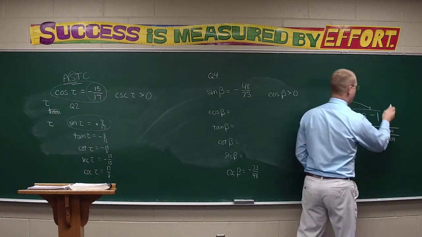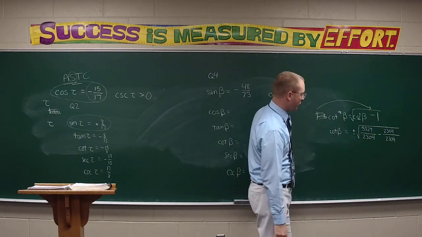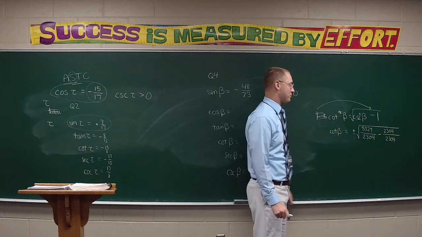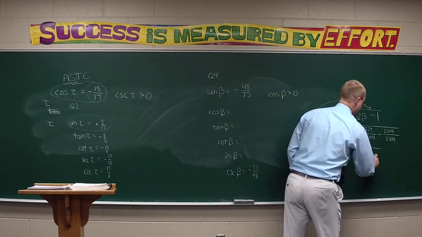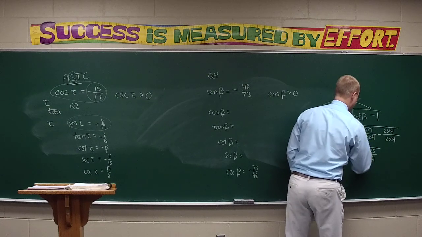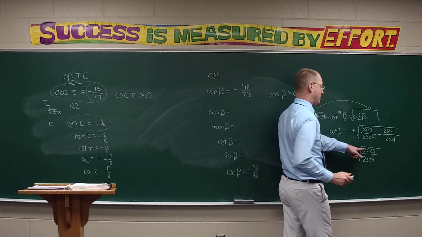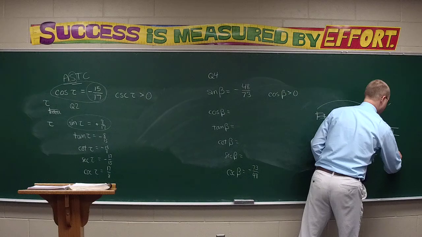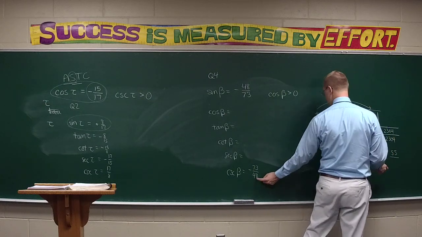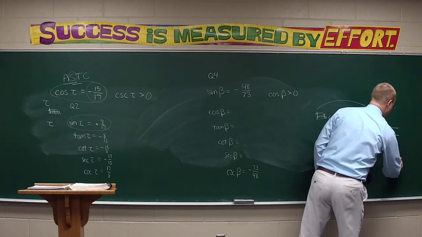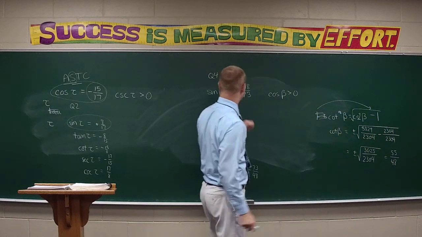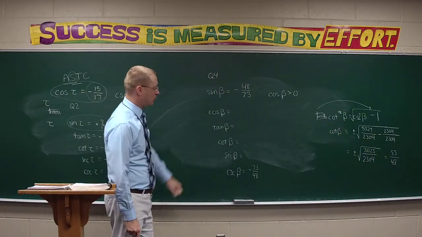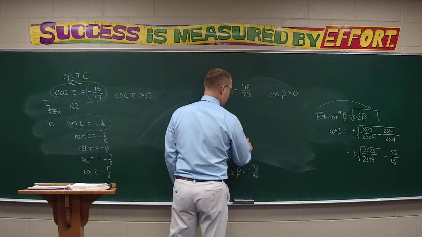So when I subtract 2,304 from 5,329, I get 3,025, and we'll take the square root of 3,025: 55. We already know the square root of 2,304 is 48. Careful, the 73 was the 5,329. And we have to choose positive or negative: in quadrant 4, cotangent is negative.